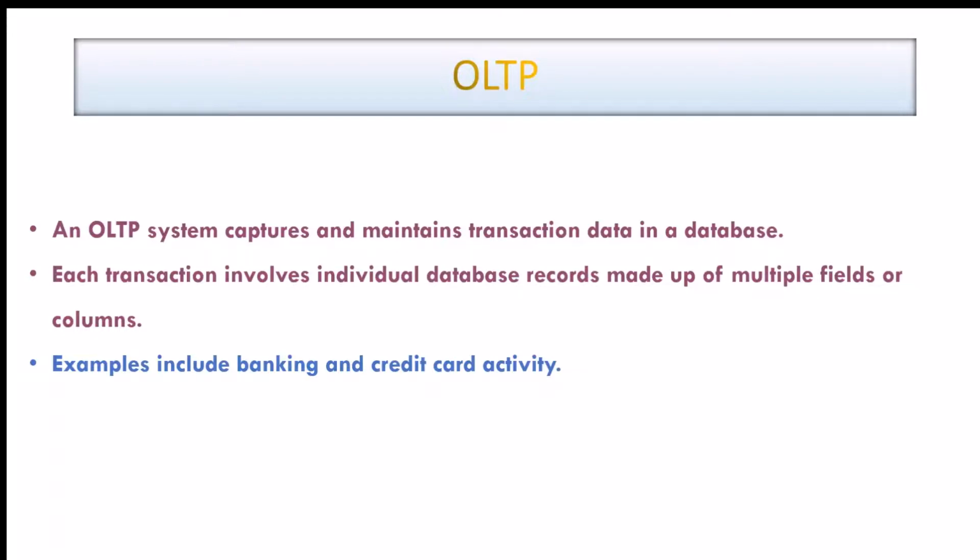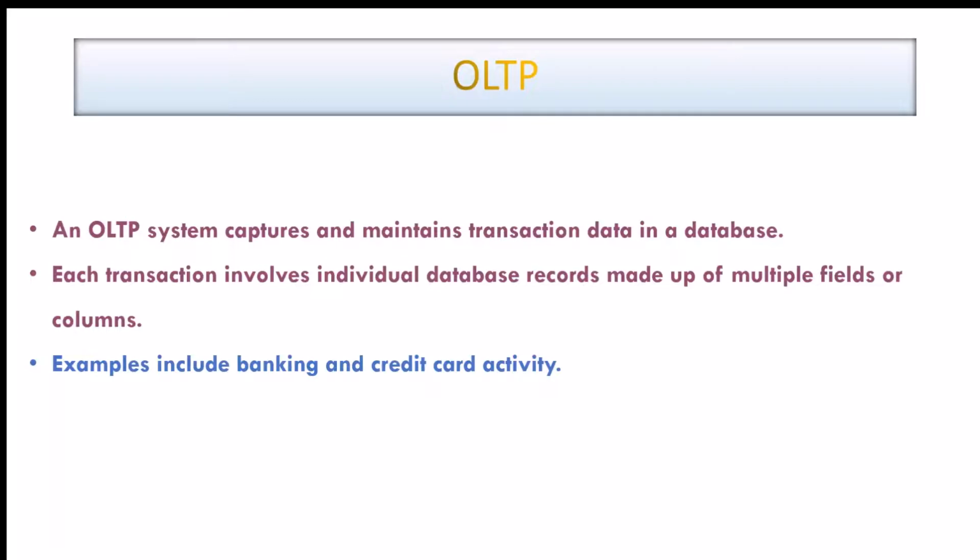Apart from this, how the credit card is used at the retail center, how the transaction is happening, all those things are examples. Some other examples: we are booking train tickets, cinema theater tickets, bus tickets through different applications. These applications are also examples of online transaction processing applications.